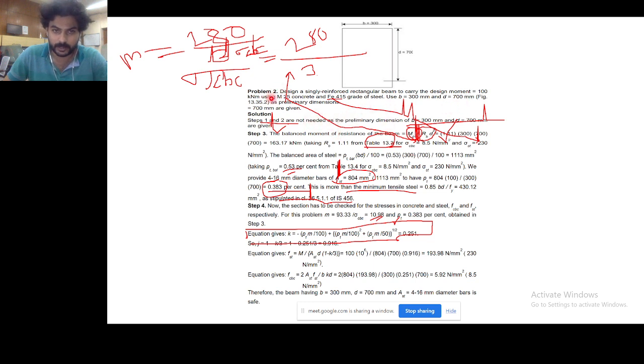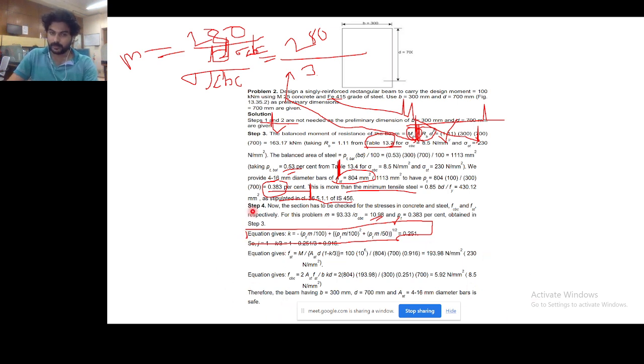M25 concrete. Here you can see M25 concrete. So that is also less than that. So it is again safe in both compression and tension. Therefore the beam having B 300 and D 700 and AST of 4 bars of 16 dia is safe.